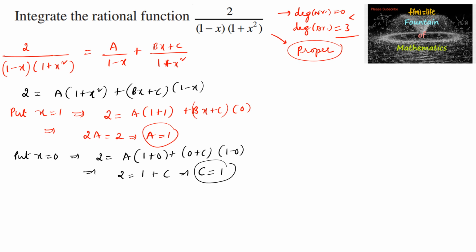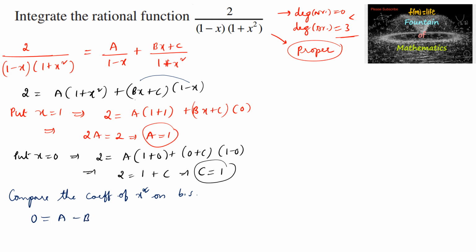And to get the other constant b, let us equate or compare the coefficient of x square on both the sides. So we get 0 is equal to, there is no x square term on the left side, so we can write 0 is equal to a times x square, so a here, and again b is multiplied with minus x, so we'll be getting minus bx square, so minus b.